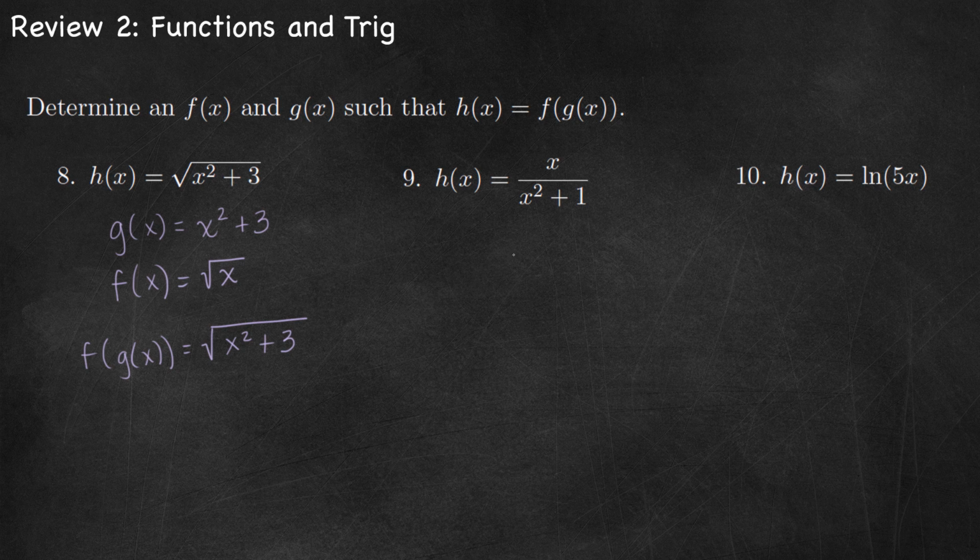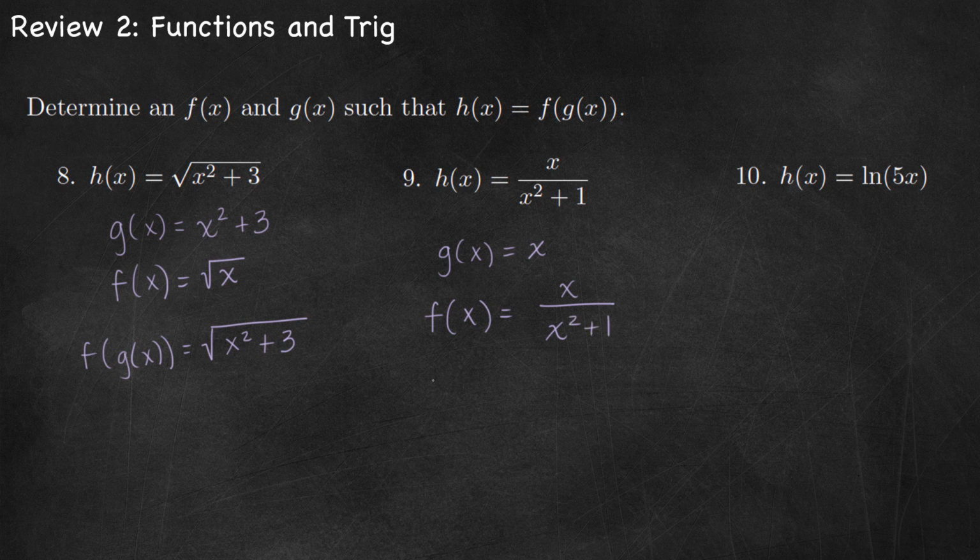Number 9, this one is a little more difficult. And one thing we can do, and this will work in all of these cases actually, we can let our inside function g of x be x. And then our outside function is going to look the same as our composite.